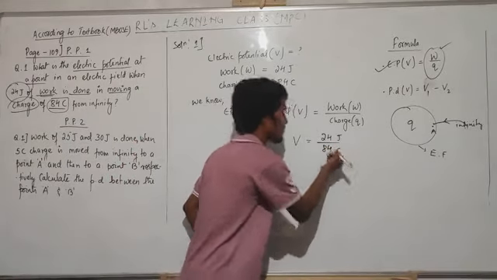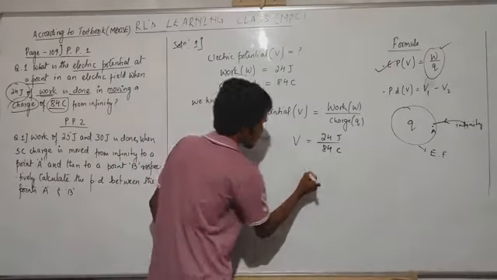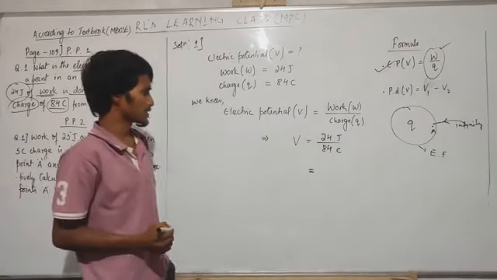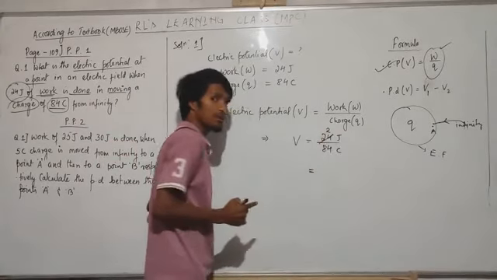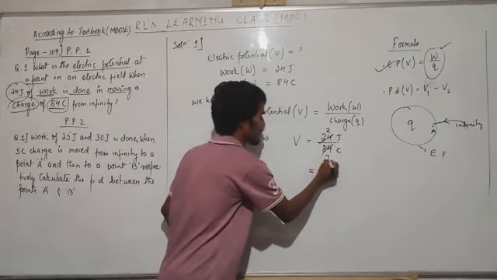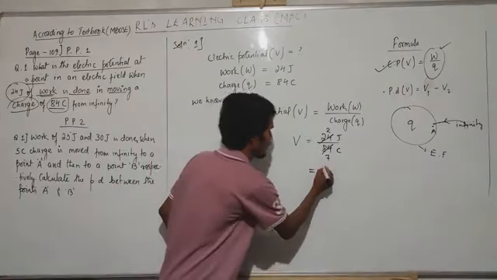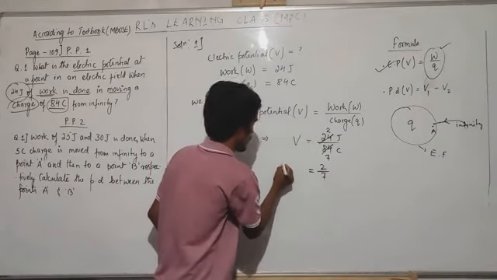Then we do some cancellation. 12 into 2 is 24, and 12 into 7 is 84. So the answer is 2 by 7.